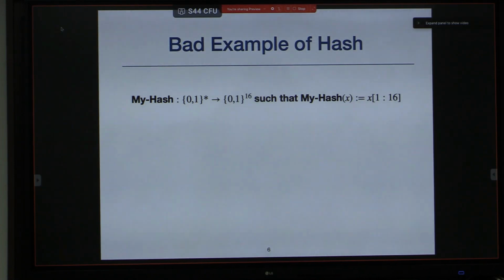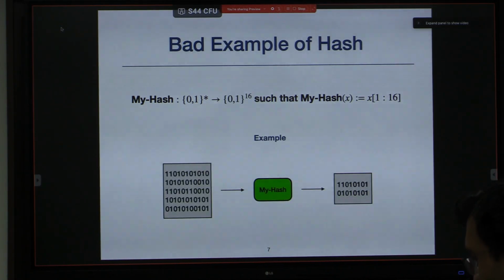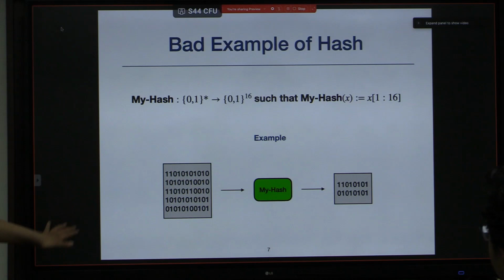I will always get fixed length output. I could take, say, all zeros, and then my first 16 zero bits would be the output. That's an example of a hash function.